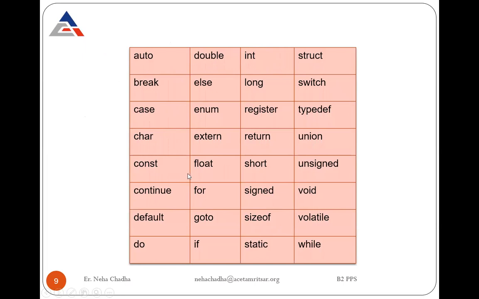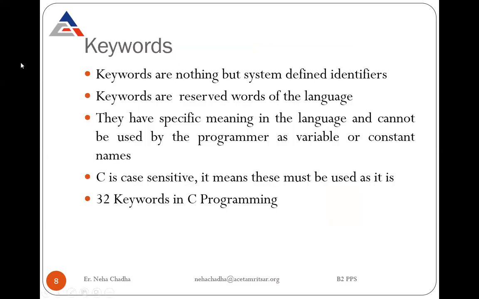In the sixth row, second column, there is float, that is a keyword. Whatever appears here in white color is a keyword, called a reserved word of the language. You don't have to specify the meaning of that keyword. It can be understood by the compiler by itself.